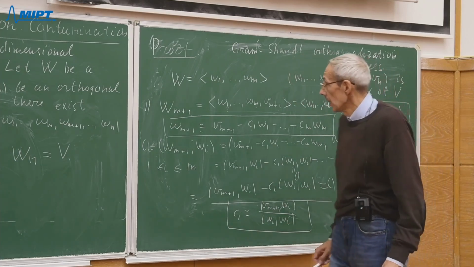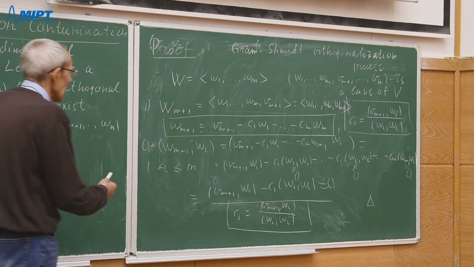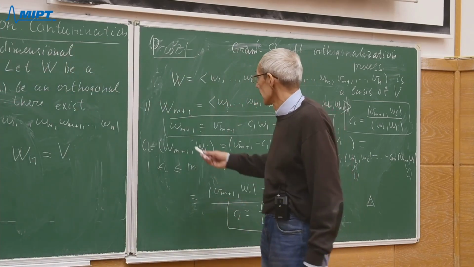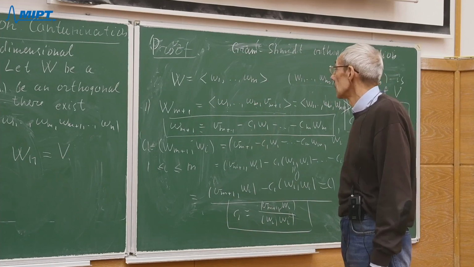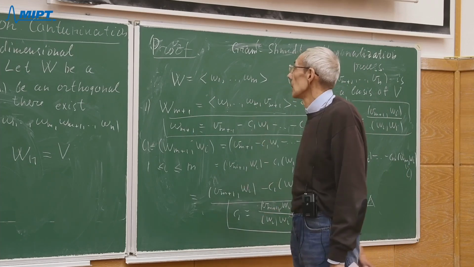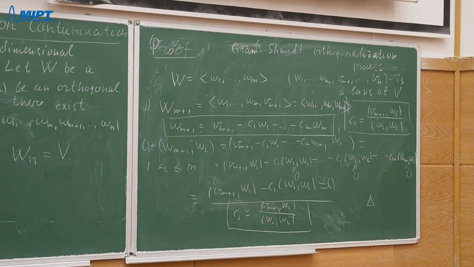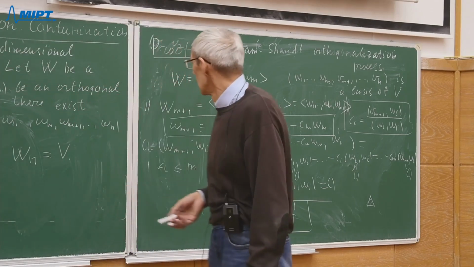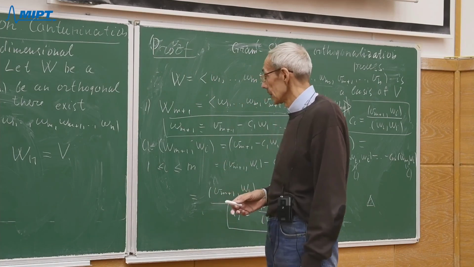The theorem is proved. The main step, the procedure, allowed us to start with an orthogonal basis of some m-dimensional subspace and construct the orthogonal basis in the space which, first, contains our initial subspace, and second, has an orthogonal basis which is an extension of the initial orthogonal basis.